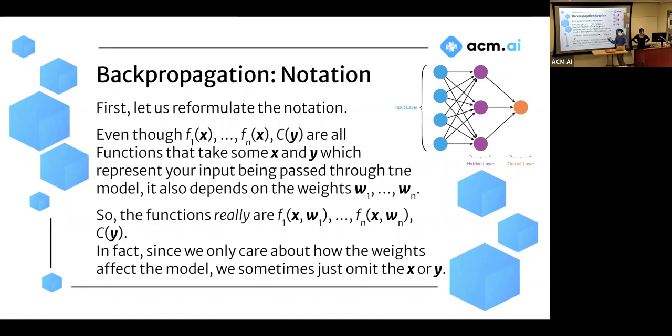So the functions really are f of x, w1, f of x, wn, stuff like this. And a lot of times we can even ignore the x because x isn't what we're changing, right? We're not trying to modify x. The thing that we're trying to modify is our weights, because that's what gradient descent is. We're trying to nudge our weights around so that we're minimizing the loss. So we only care about how the weights affect the model. We sometimes just omit the x and the y for that reason.